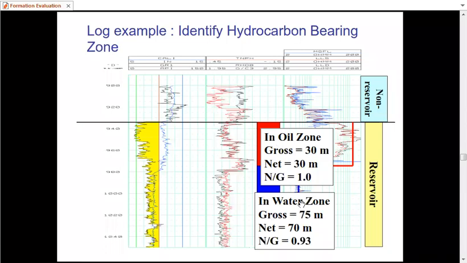And if you have to deal with the water zone, you have a low gamma ray as it's a reservoir section, but the resistivity here will be low, and the response for the porosity logs will be affected by this value.